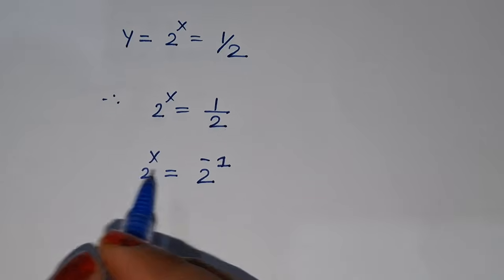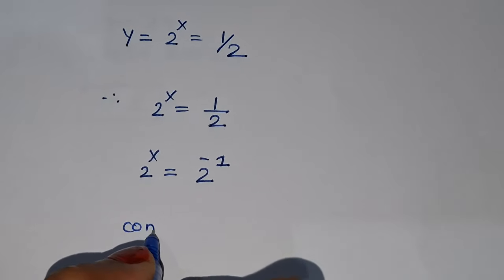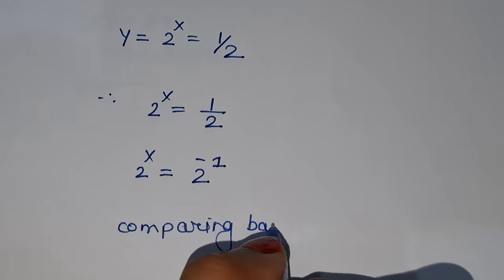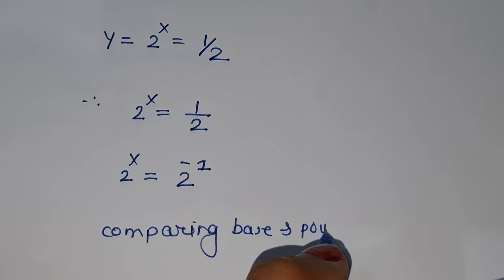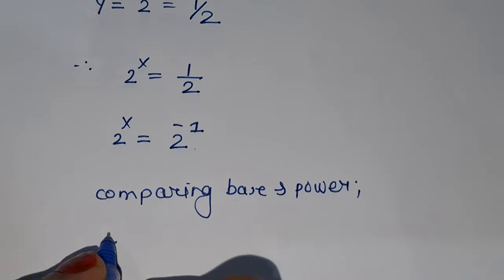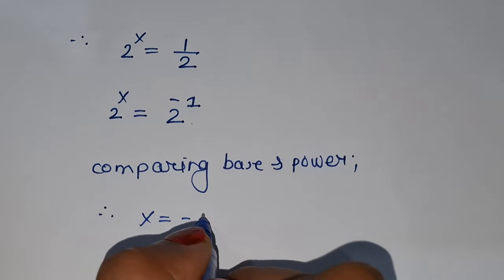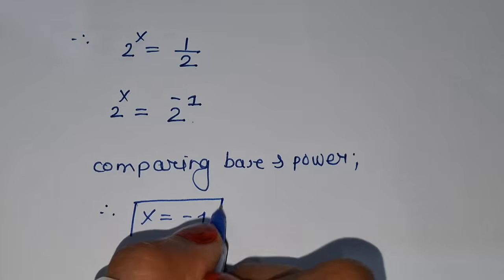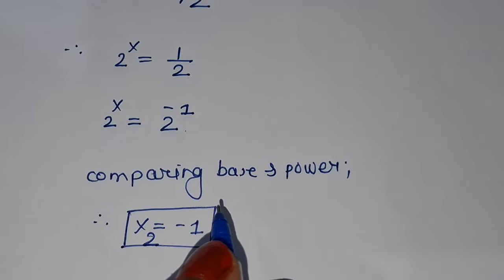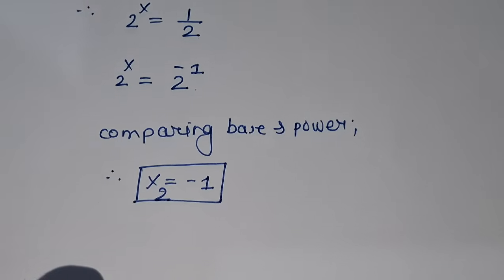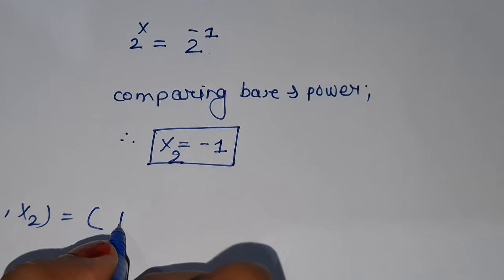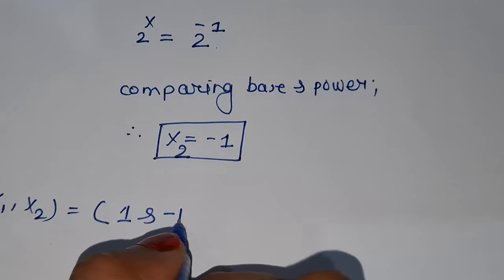Now comparing base and power, if the base is the same, the power will also be the same. Therefore x is equal to minus 1. So this is x2. In this way, we got two values of x: x1 and x2 are 1 and minus 1.